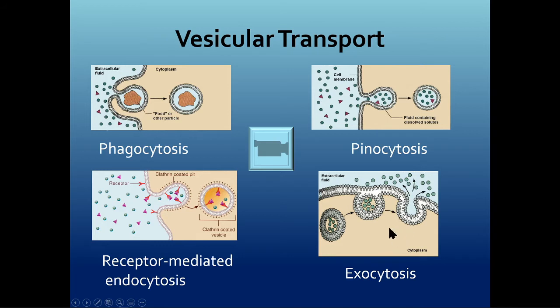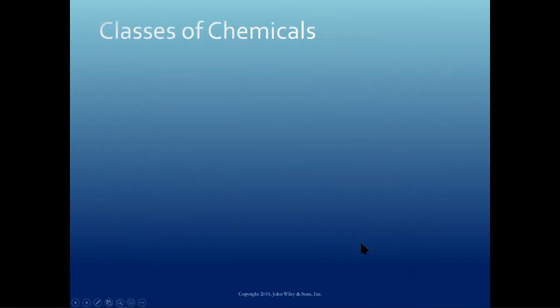So we could see exocytosis with your endocrine system, where the cell is making a hormone and dumping it out of the cell into the environment to go to other places within the body. So that's how we move things around the body.